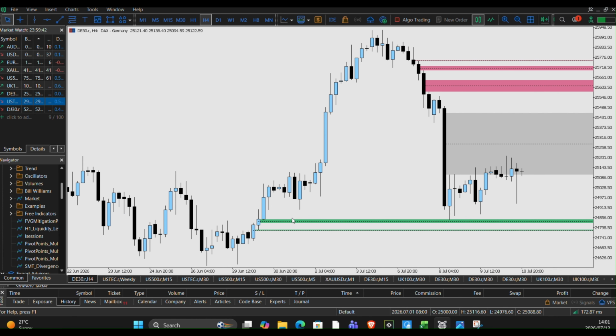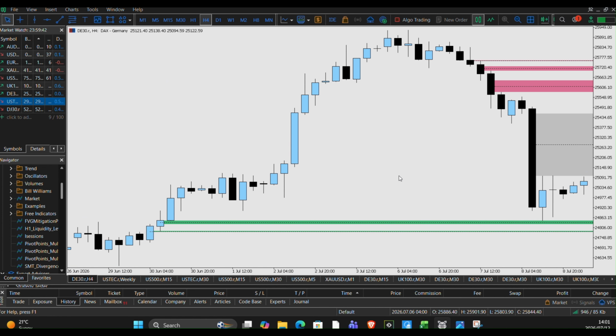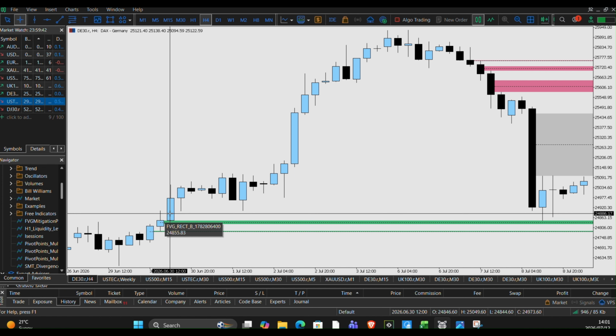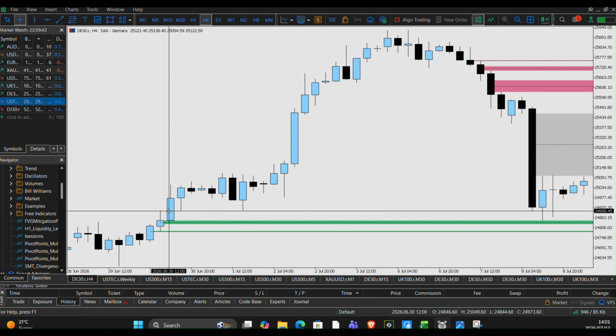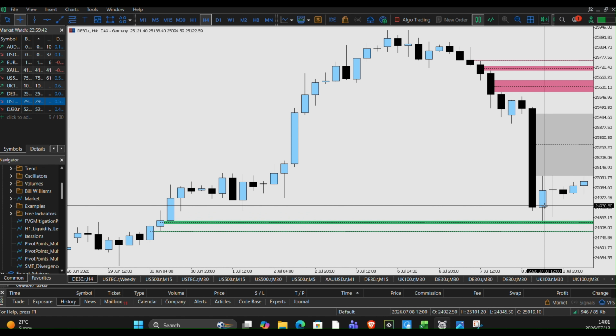But as you can see there, we have a bullish fair value gap here that did not get traded into. I know it looks like it did, but it did not. If we zoom in even further, just to prove it, the low of this third candle, I don't know if you can see at the bottom over here, is 24844.60, and the low of this candle is 24845.50.